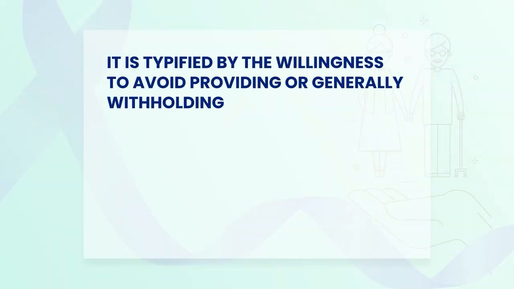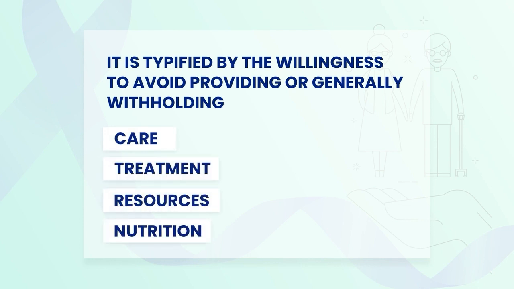As we have previously mentioned, neglect is a type of abuse in itself, but can have a devastating or potentially fatal effect on a vulnerable person. It is typified by the willingness to avoid providing or generally withholding the care, treatment, resources or nutrition that a person needs.